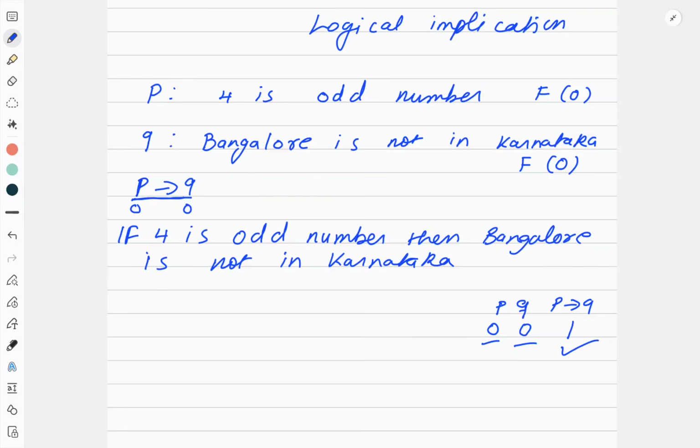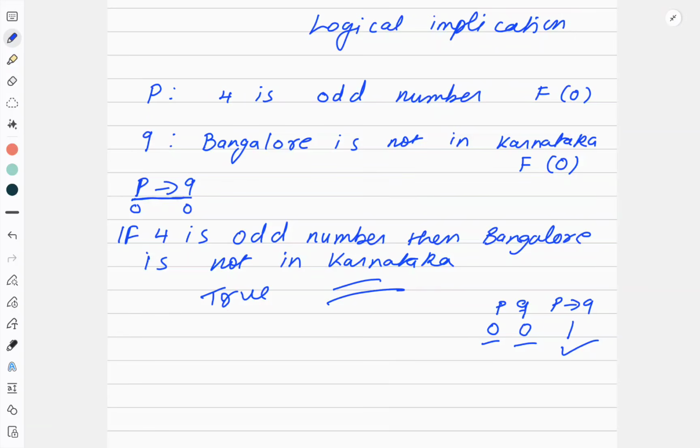Correct? So, my P implies Q here is true. Okay? So, I am saying this statement is true, that if 4 is odd number, then Bangalore is not in Karnataka. As per the logic, it is correct, but it makes no sense.